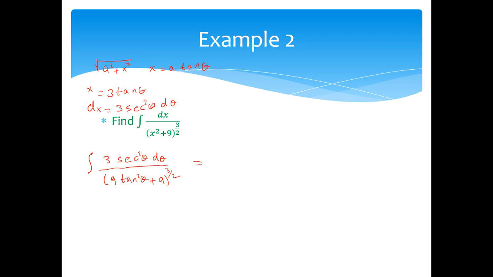That would be equal to the integral of 3 divided by 27, secant squared theta over tangent squared theta plus 1 raised to power 3/2, d theta.